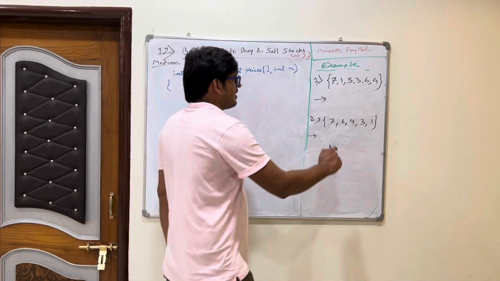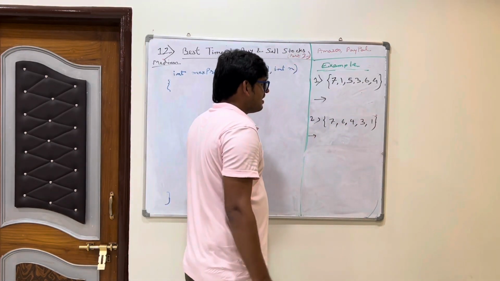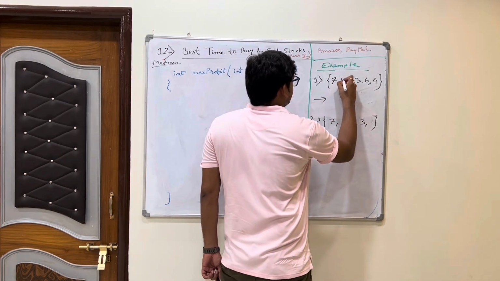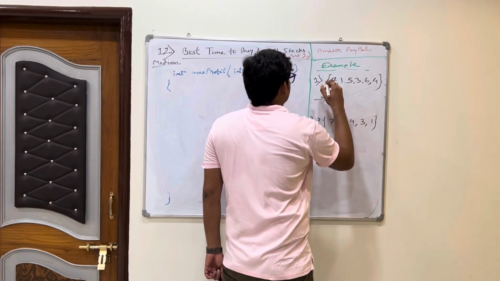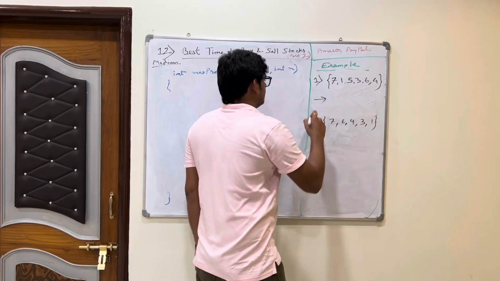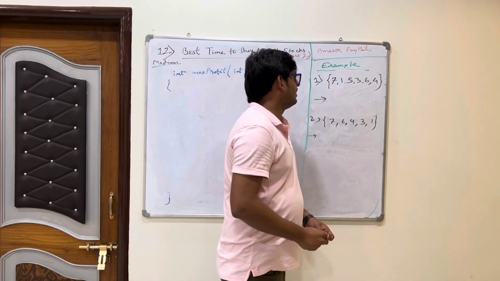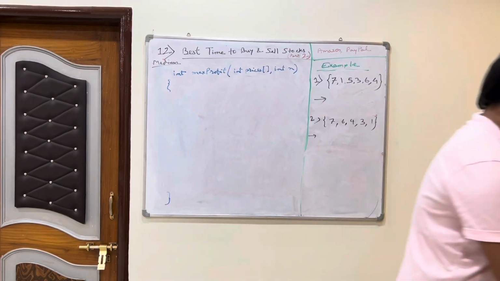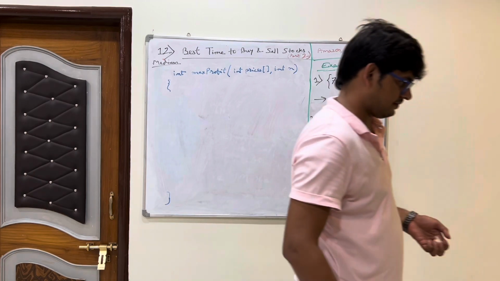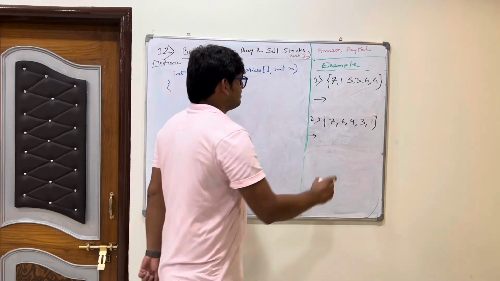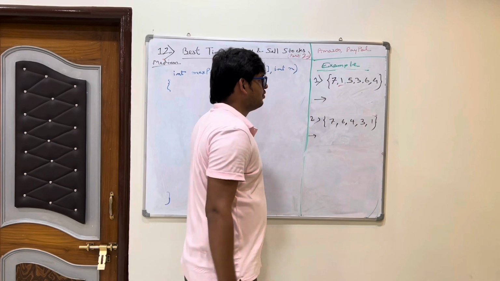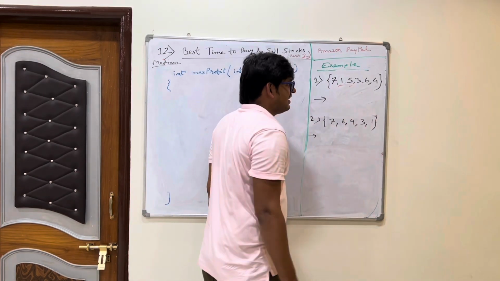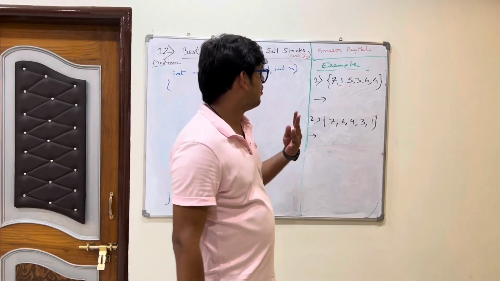For example, if the person buys the share at day 2 at price 1, and sells it at day 3, he will have a profit of 4.